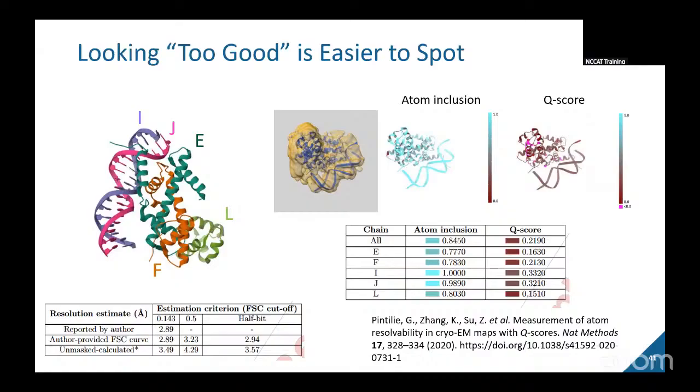If you don't have a region that has good density, you just end up not modeling that region at all. If you don't model it, it won't show up. So you have to think about this kind of stuff when you're depositing. The thing to keep in mind, ultimately, is that you want to be as accurate, truthful and transparent as possible for the experimental data you have, and not some very ideal, pristine model.